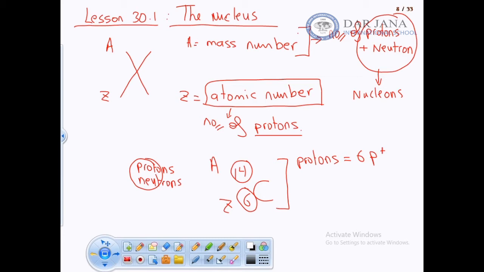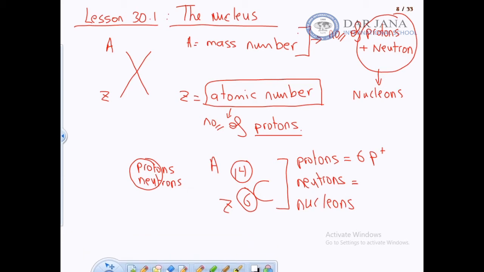How many neutrons, and how many nucleons? To find the number of neutrons, we just subtract: N equals A minus Z, the big minus the small.